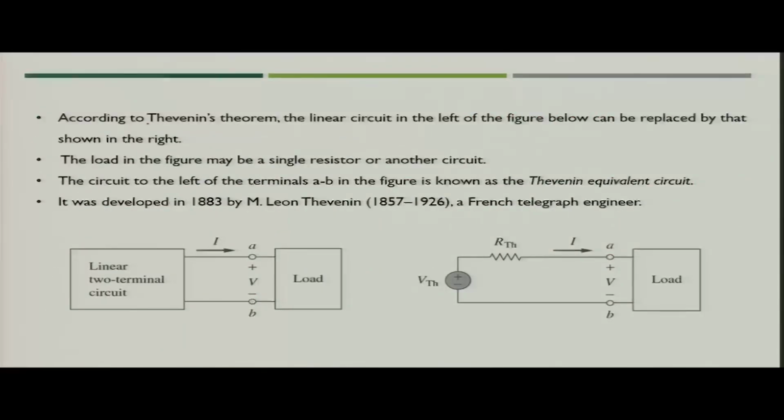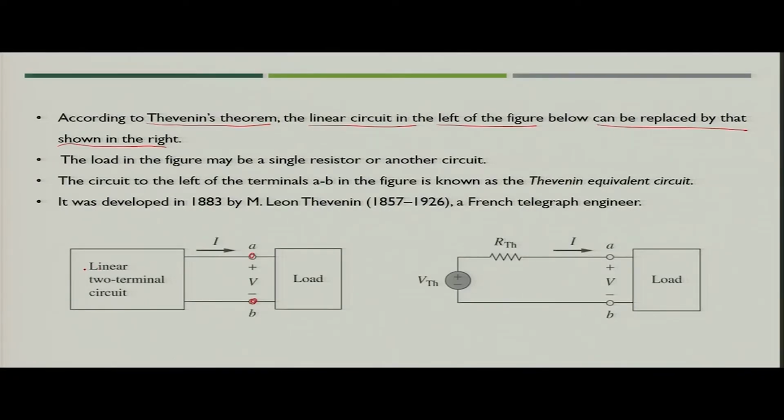Now, according to Thevenin's theorem, the linear circuit on the left of the figure shown below can be replaced by that shown on the right. Imagine that these are the two terminals of your plug point in the house; external to that you will see a linear circuit.